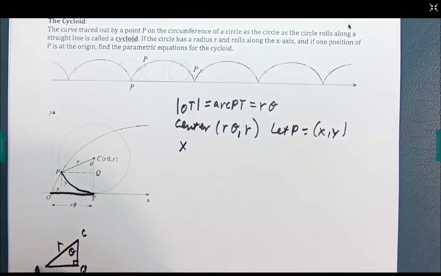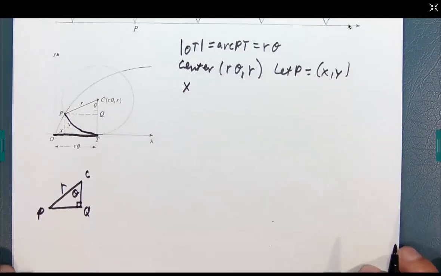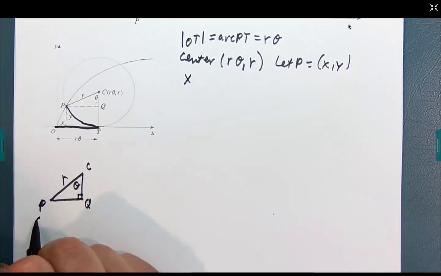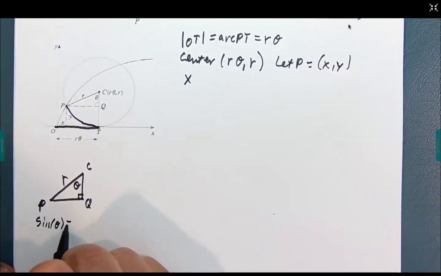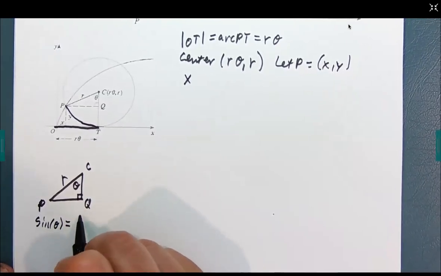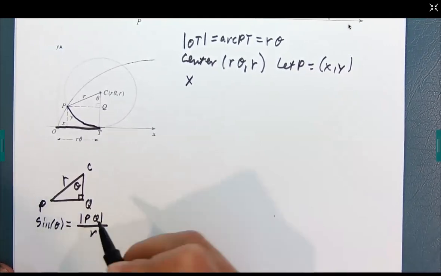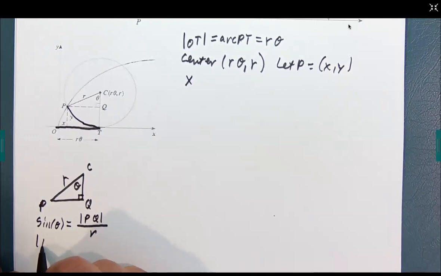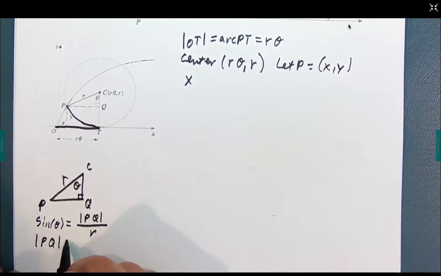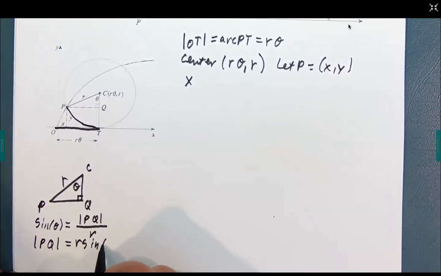And again, this is our point P. So we can see that the sine of theta is going to be PQ over R, which means PQ equals R sine theta.